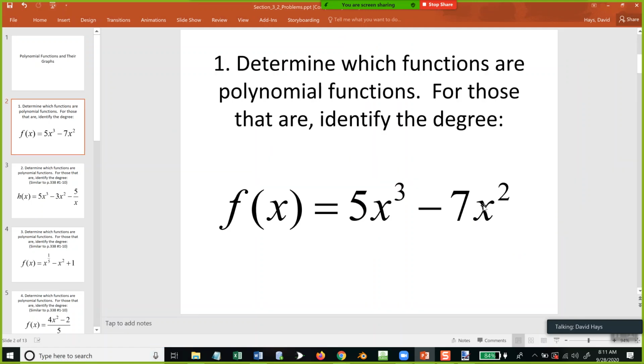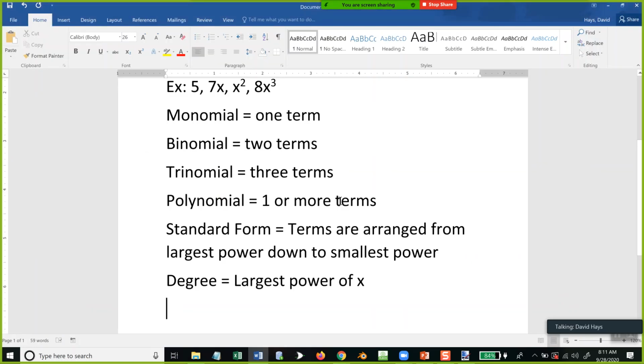Now these first problems say identify which functions are polynomial functions. For those that are, identify the degree. Now a real, again informal way to determine if something's a polynomial or not is with this stipulation.